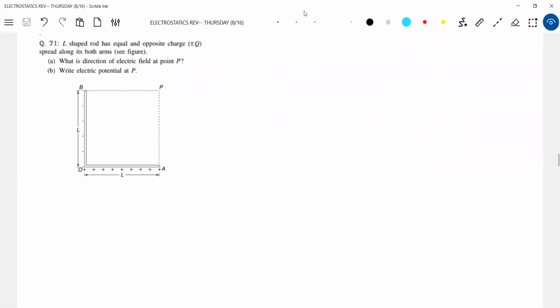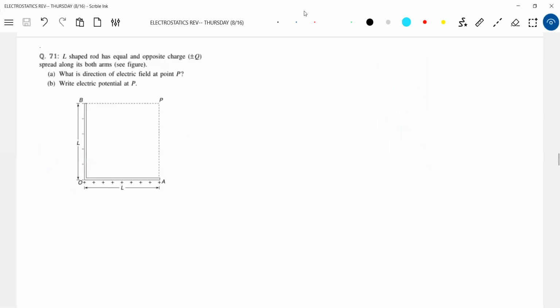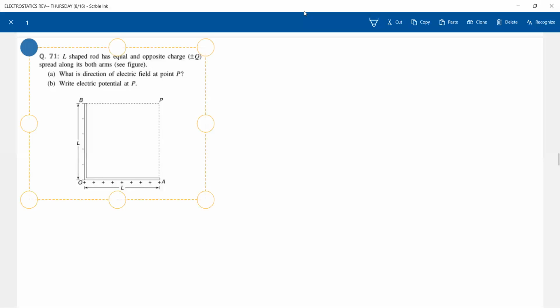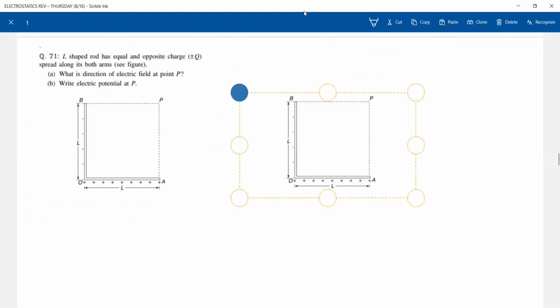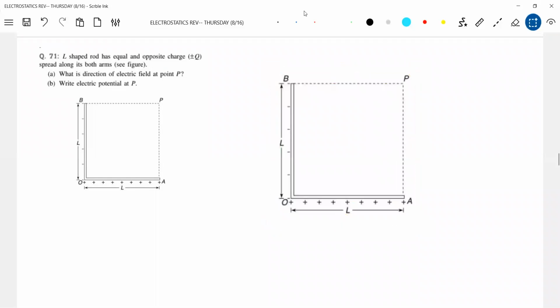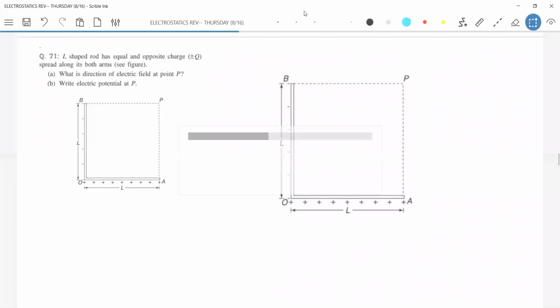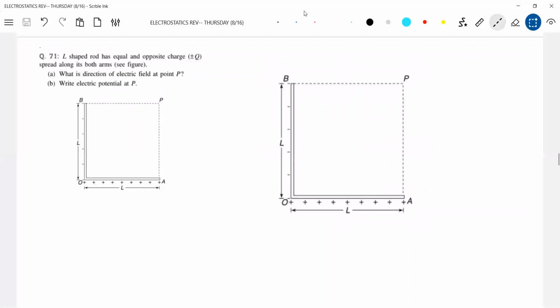Getting to the next part. So let's assume a small element, some symmetric element.